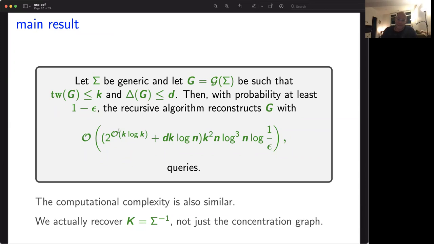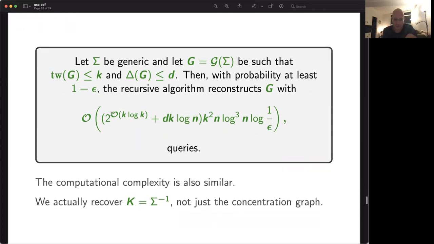But at least exponential is necessary. That's true in all these graph algorithms. All these efficient algorithms have a very bad dependence on the treewidth. But again, think about k as equal to 2 or 3 or something very small.